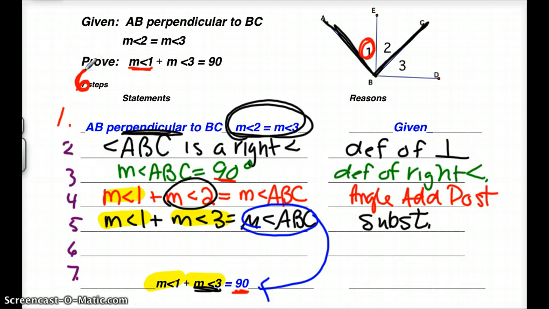Originally when I wrote it, I had things not lining up, so it took me 7. But right now, hey guys, I'm changing ABC to 90 because ABC can be 90. So that is a substitution.